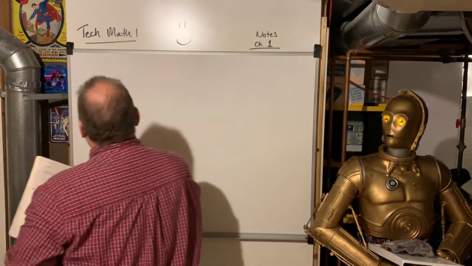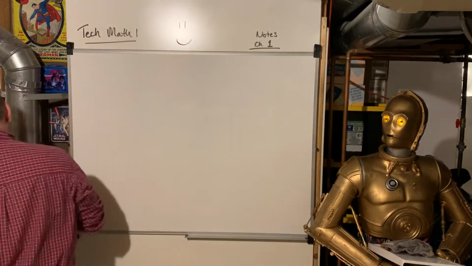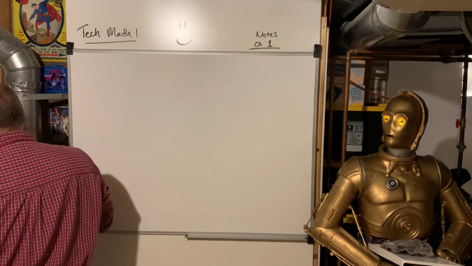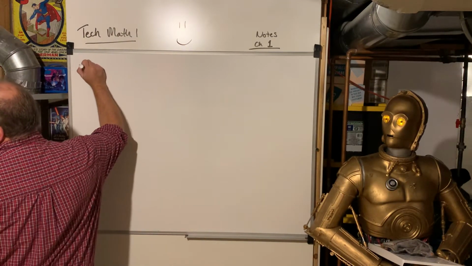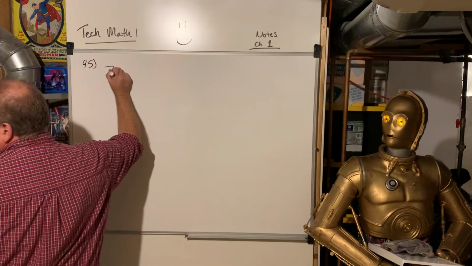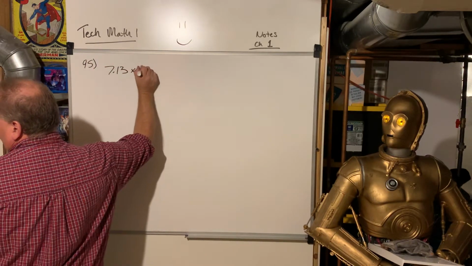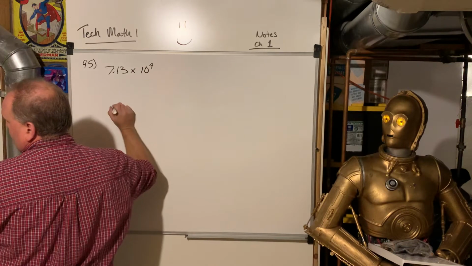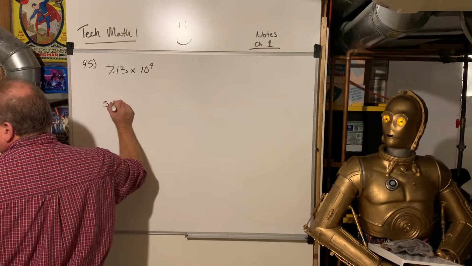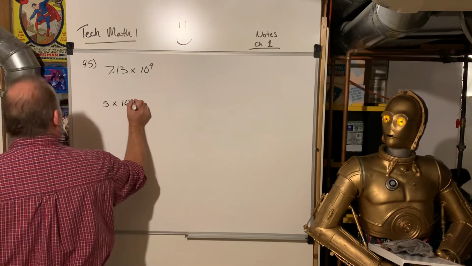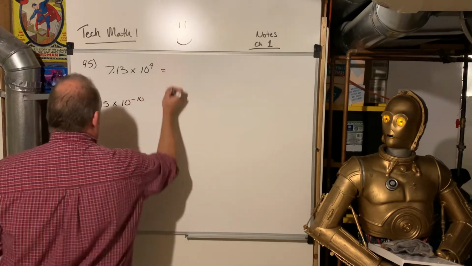As science advanced and we started figuring out things like how far planets are from us and inventing microscopes to see things magnified many, many times, we could look at really large and really small numbers, but they're very hard to write out. And that's actually what we're going to do right now.